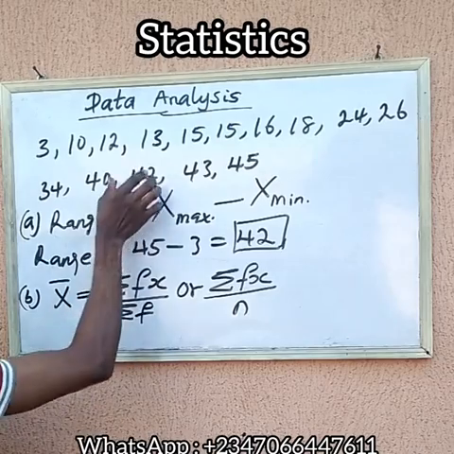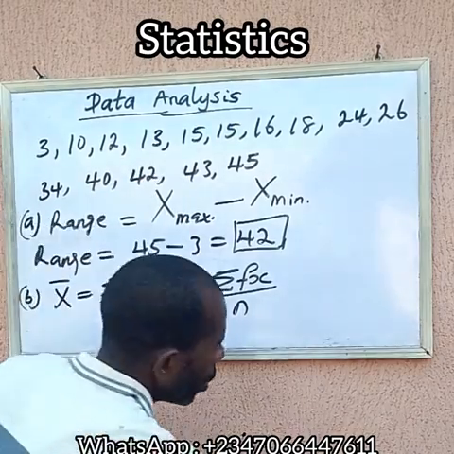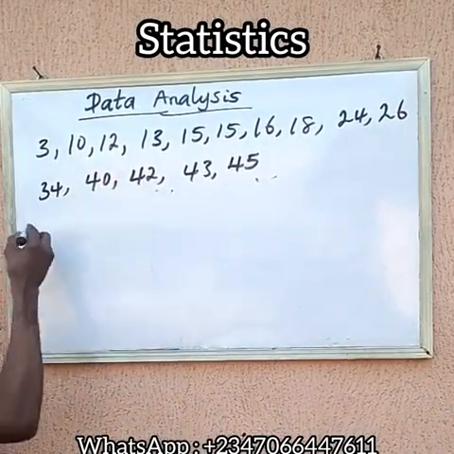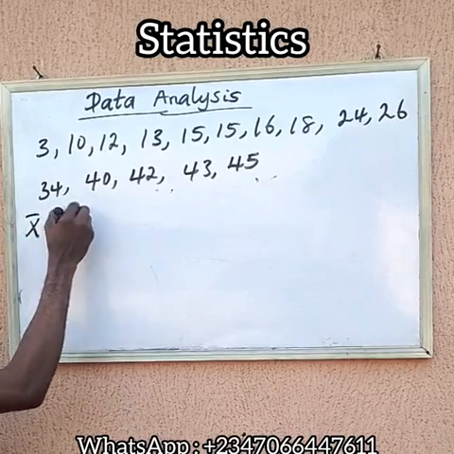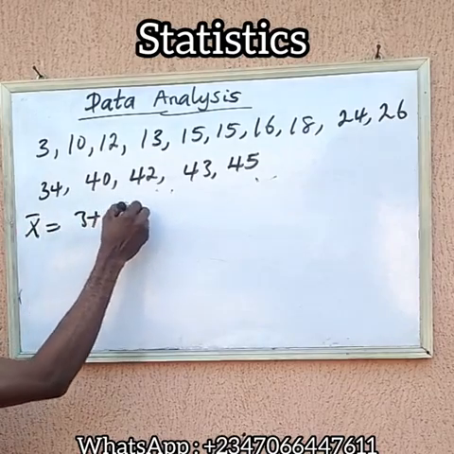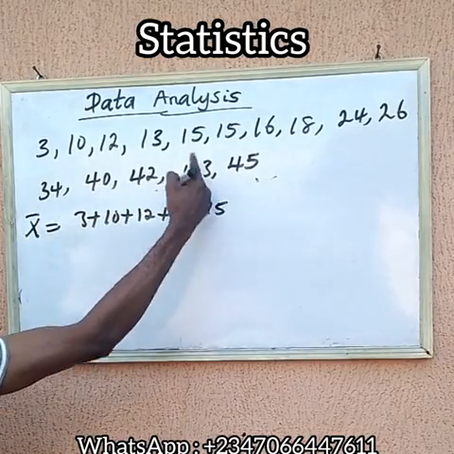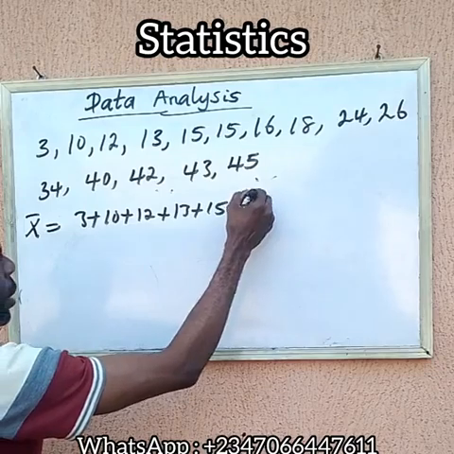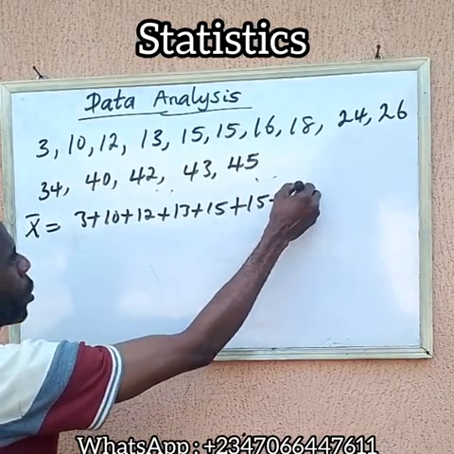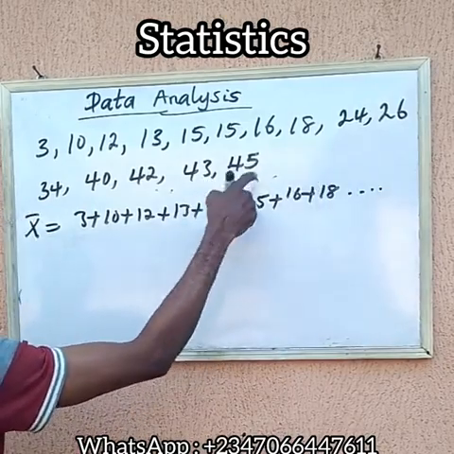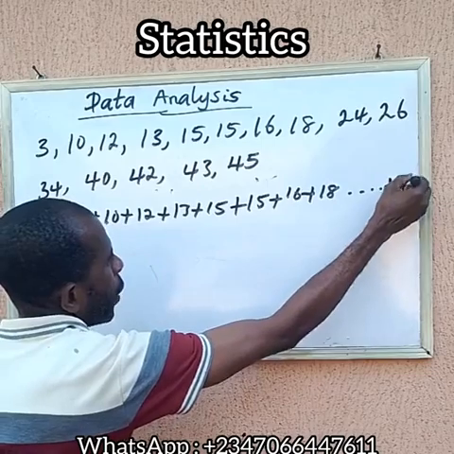Now let us calculate the mean. Let's sum up everything. We already have the data here, just sum up. So your mean is equal to 3 plus 10 plus 12 plus 13 plus 15, 15 appearing twice, that is 15 plus 16 plus 18, and so on till you get to the last one, which is 45.